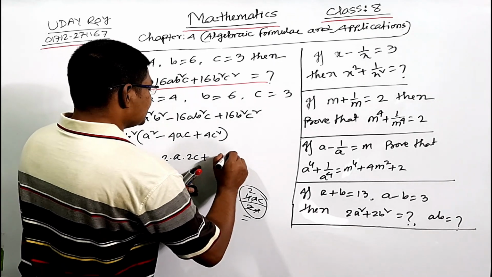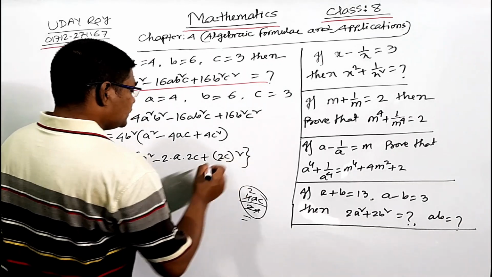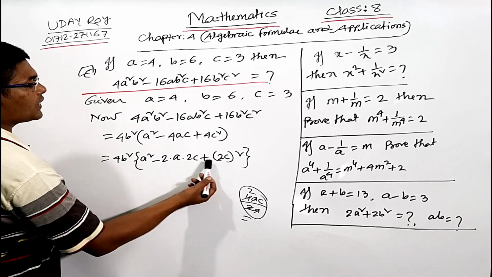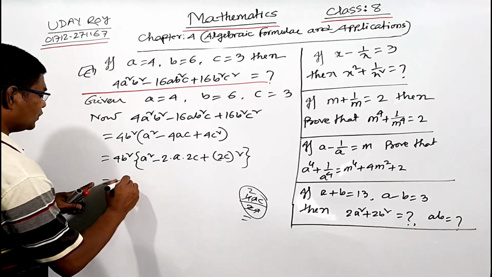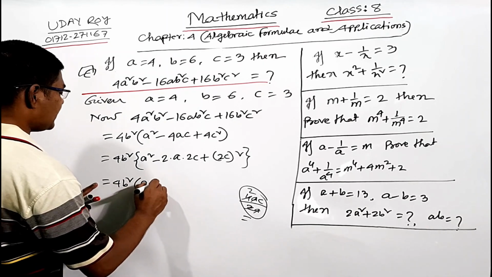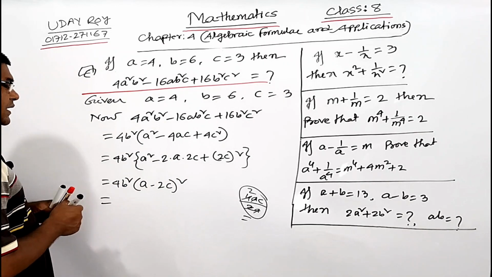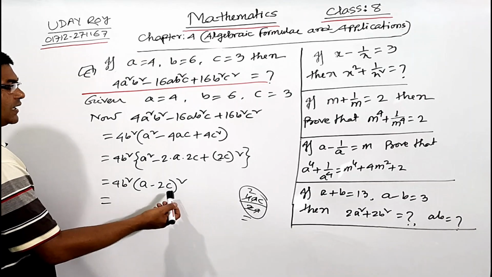So here 2c is the b square. Let's come back. So we have got here a square minus 2ab plus b square. So easily we can write 4b square into a minus 2c whole square. So we have got here 4b square into a minus 2c whole square.